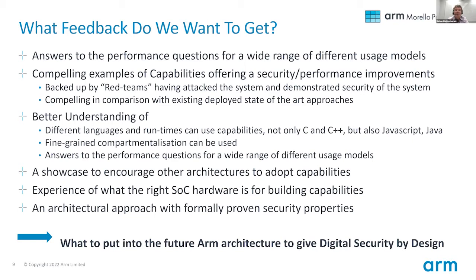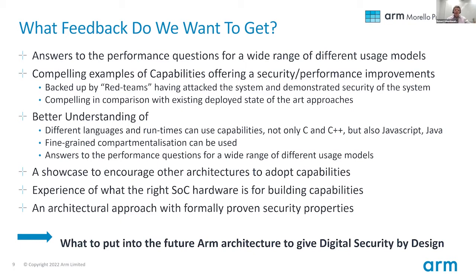We need to understand how the different languages and runtimes can really make use of capabilities. Matt talked a lot about C and C++, but we've got a lot more languages that run on top of this: JavaScript, Java, Rust, and so on. We need to understand better how the compartmentalization can be used. We need to understand the performance questions.